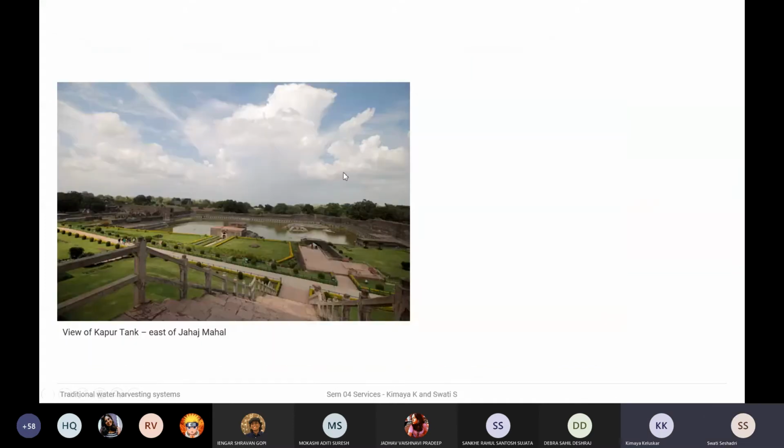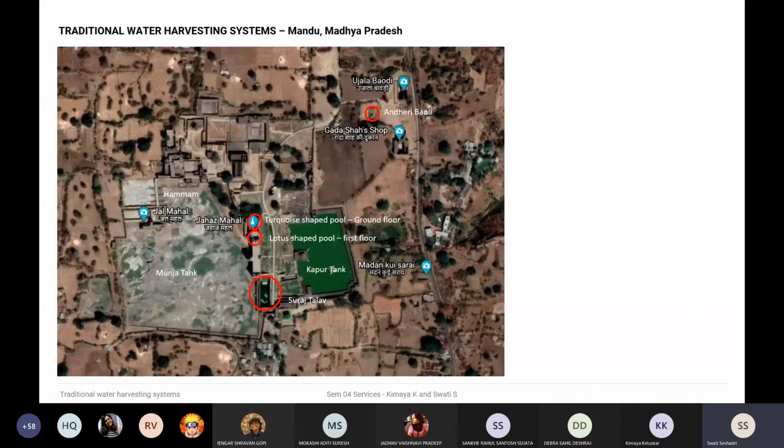So basically, this Kapoor tank provides water to the main structure as well. Just going back to the first slide, I wanted to say that this Suraj Talab is connected through aqueducts and takes the water into these two pools.